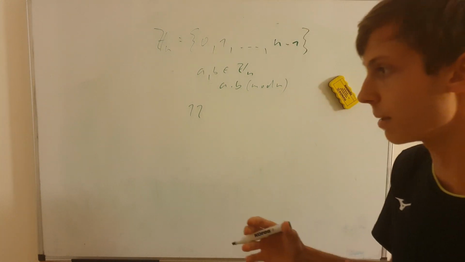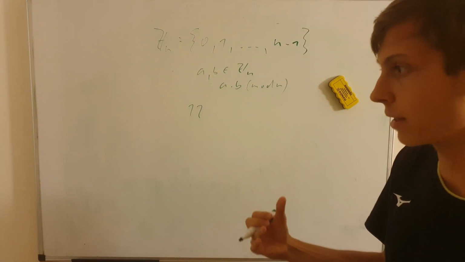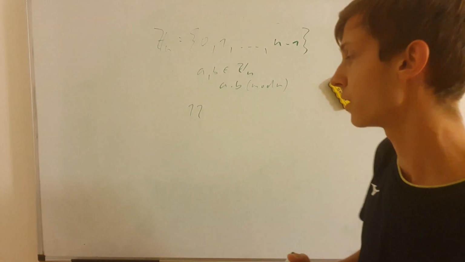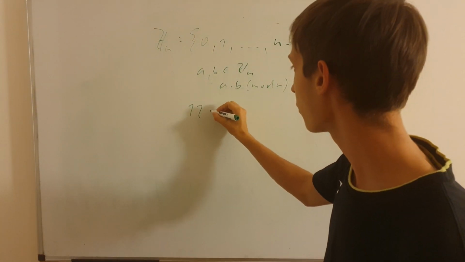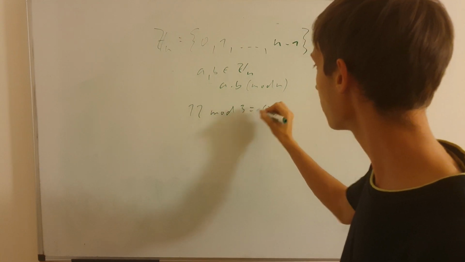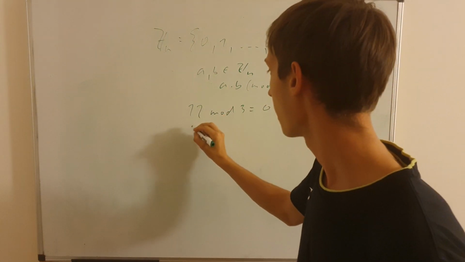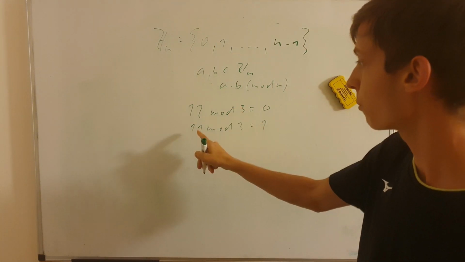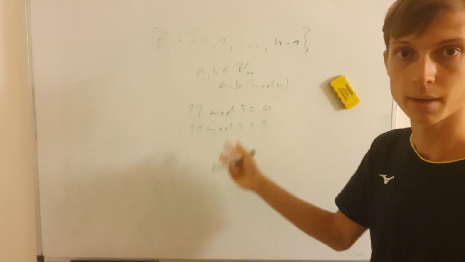The entire idea is that when one does modular arithmetic with n, one divides by n and looks for the remainder after division by n. That means 12 mod 3 will be 0 because 3 fully divides 12. But 11 mod 3 will be 2 because 3 fits there 3 times and then 2 is left as a remainder.